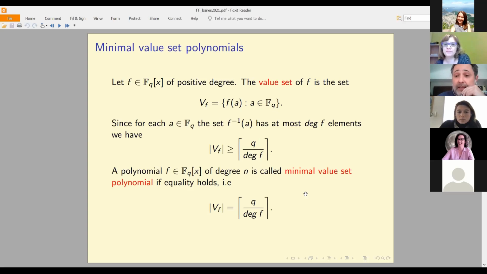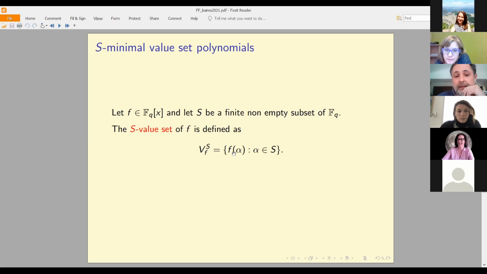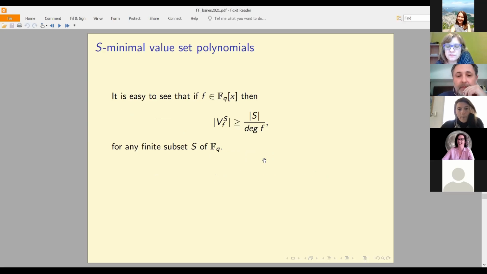You can generalize this definition a little bit by considering a non-empty set S of F_q. So you have the same definition. We call it the S-value set, but now the values of f are restricted to the set S. So when S is F_q, we don't write the F_q here. And you have the same situation.